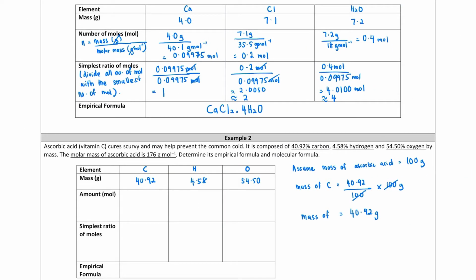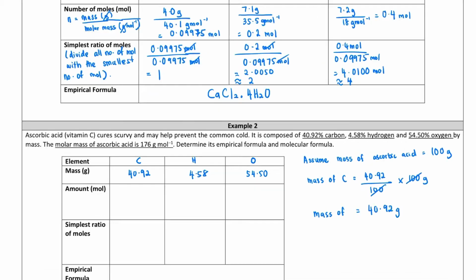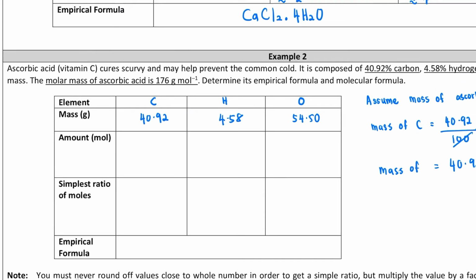So next we want to calculate the number of mole. As usual, we take mass divided by molar mass. We start with carbon. Mass of carbon is 40.92 gram, divided by molar mass of carbon which is 12 gram per mole, equal to 3.41 mole.